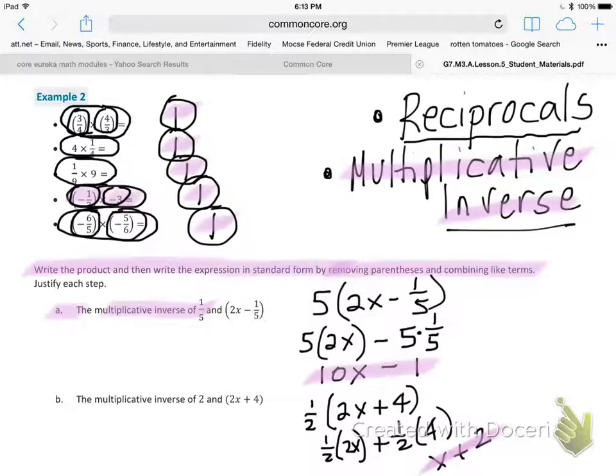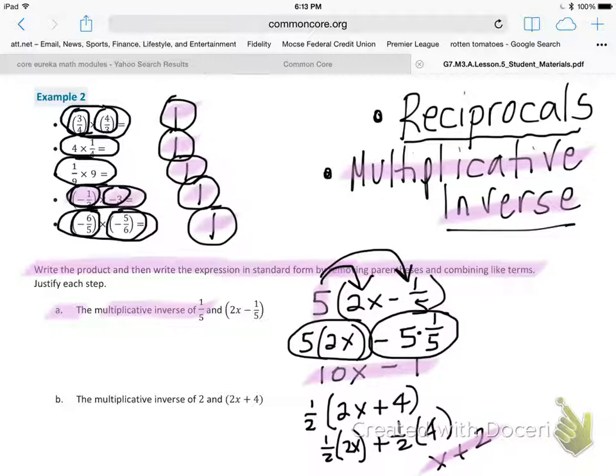Okay, so here we go. A, again, the multiplicative inverse of 1/5 was 5. I went ahead and did it this way. I distributed because I'm going to use the distributive property. I'm doing 5 times 2x, which I've illustrated here, and then 5 times negative 1/5, which can also be shown as negative 5 times 1/5.